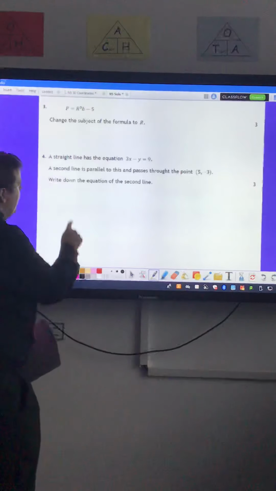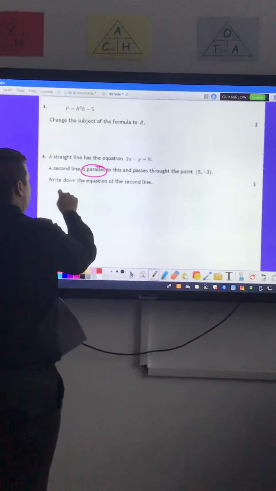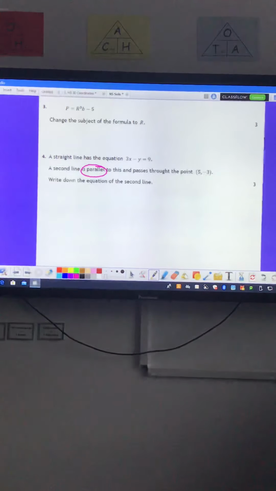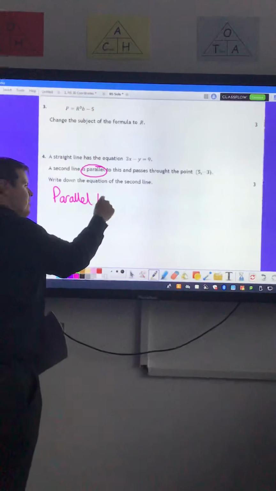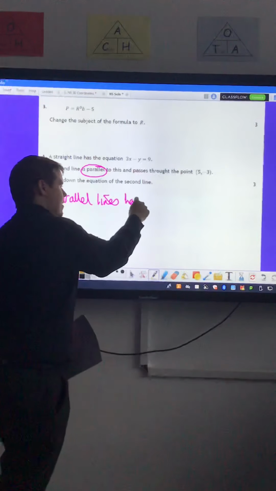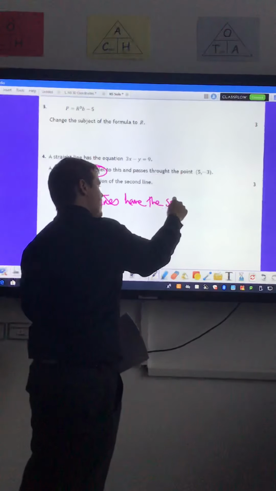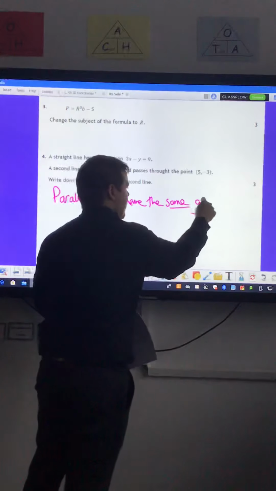So the word parallel, now this is way back in 3rd year when you're talking about finding gradients. Parallel lines have the same gradient.